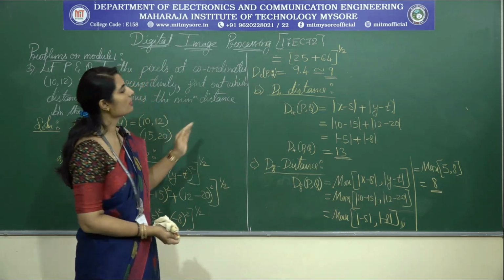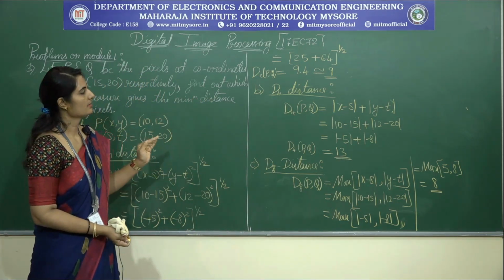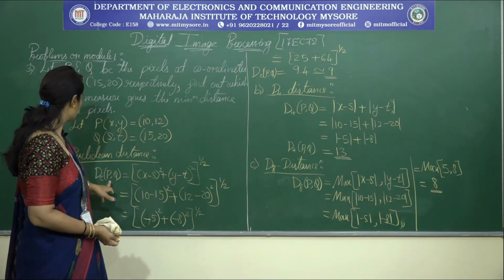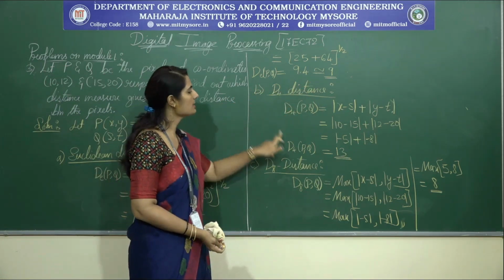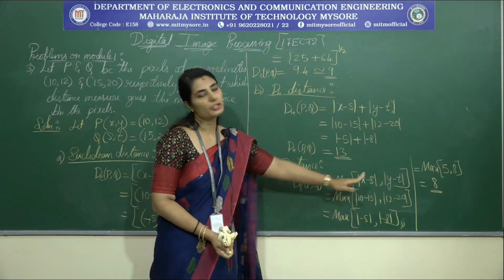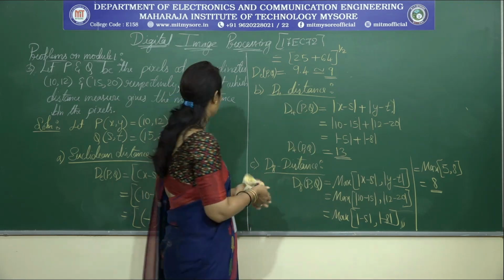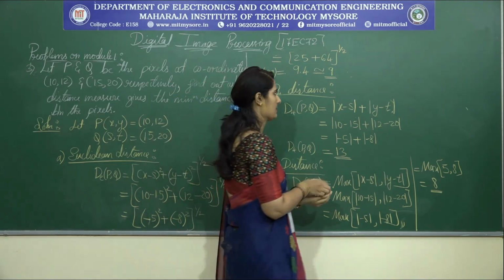So now we need to find out which is the shortest distance between P and Q. The Euclidean distance between P and Q is 9, the D4 distance between P and Q is 13, and the D8 distance between P and Q is 8. So which is shortest among these? The D8 distance is the minimum distance between the pixels.